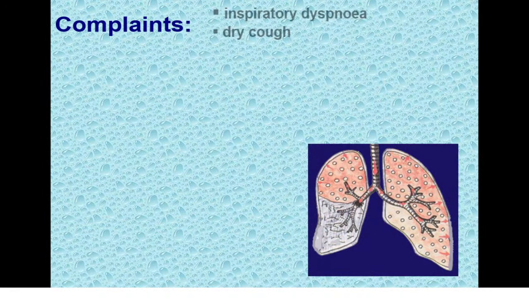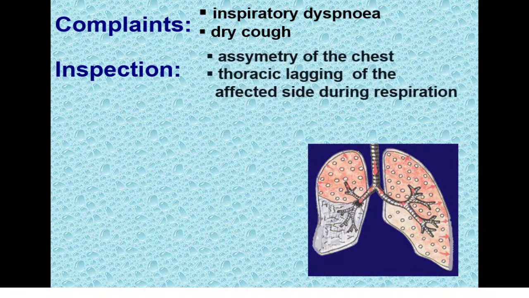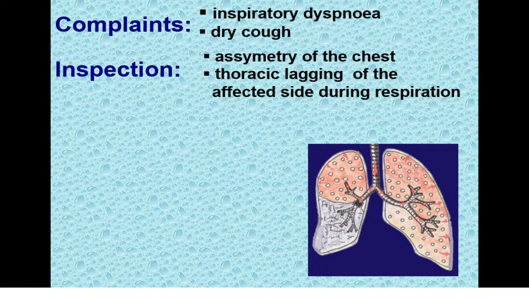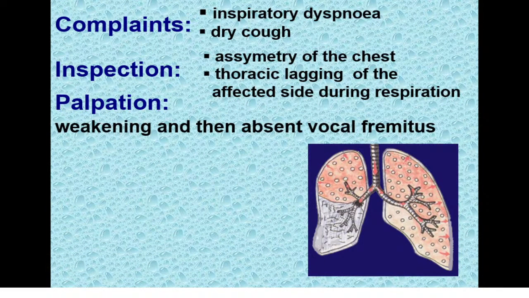Complaints of the patient: inspiratory dyspnea and dry cough due to irritation of the bronchus with a foreign body. On inspection, we can see asymmetry of the chest with diminished affected side and thoracic lagging. On palpation, first weakened and then completely absent vocal fremitus, when the bronchus is completely obstructed.